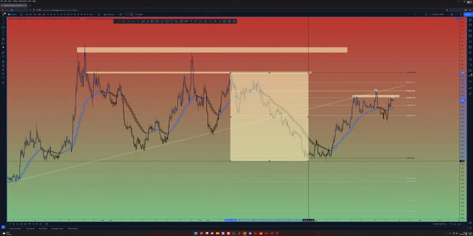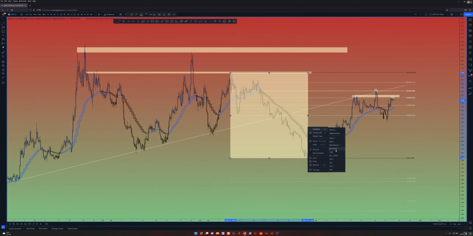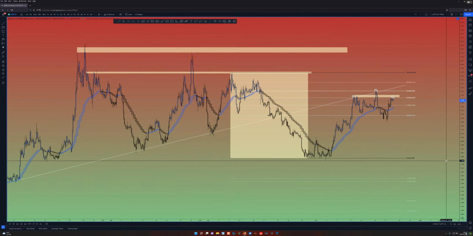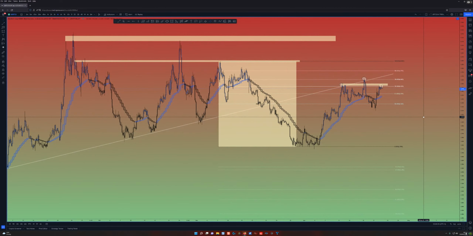And this is how I would treat most charts. So we've got this head and shoulders pattern on the broken trend line, and up at the 78.6, perfect entry level for the downside move.